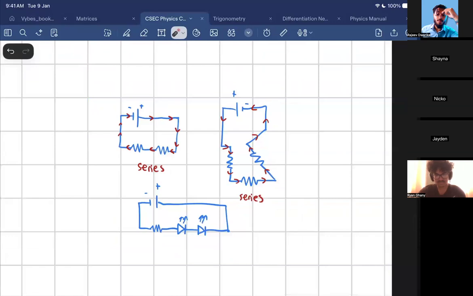Jadon, aren't you a new student? Like this is the first time you're joining the physics class, right, you and Ryan? I joined maths in March, and this is the first time for physics. Since physics class started, it's always been 10 to 12.